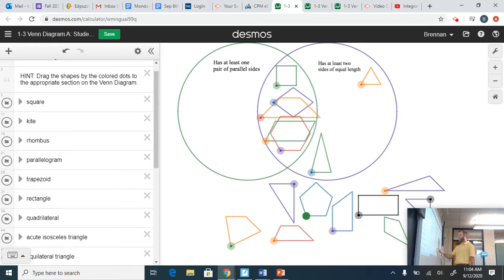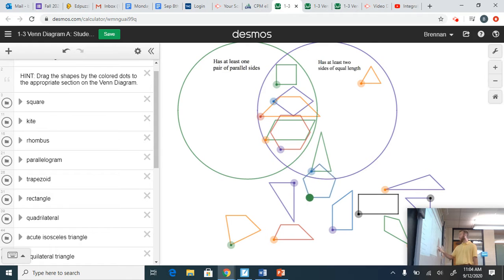The pentagon. So for this regular pentagon, this pentagon does not have parallel sides, but they are all of equal length. Rectangle, much like the square, has parallel sides and sides that are the same length.